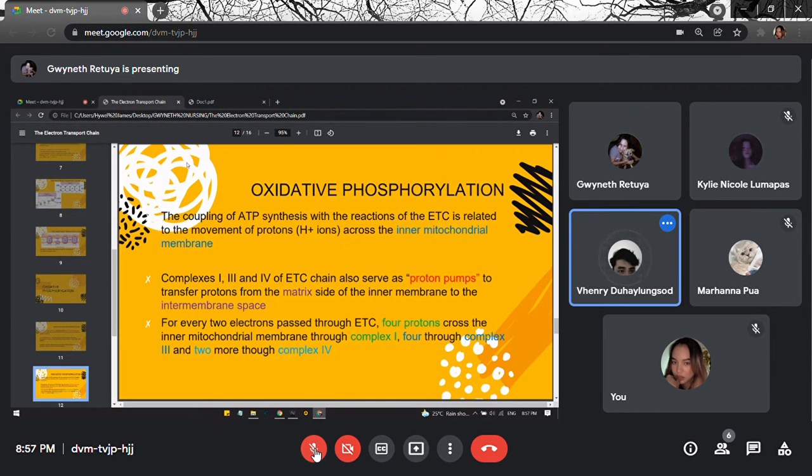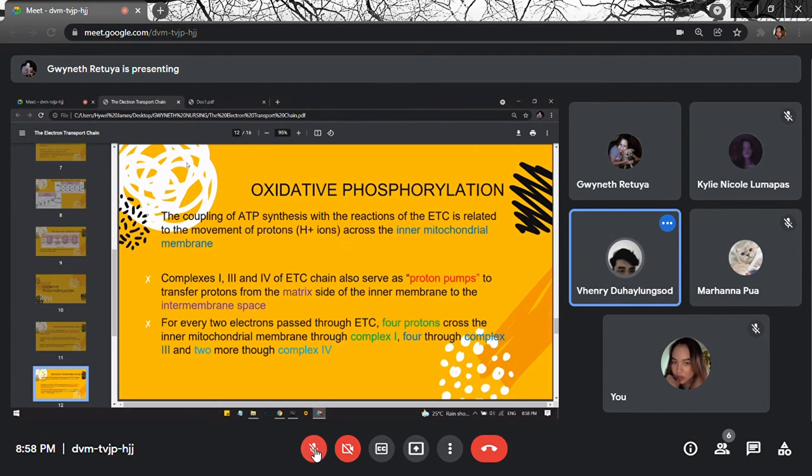As established before, oxidative phosphorylation and the electron transport chain are closely linked. This means that the complexes of the electron transport chain also play a huge role in the oxidative phosphorylation process. More specifically, complexes 1, 3, and 4 of the electron transport chain serve as proton pumps, transferring protons from the matrix side of the inner mitochondrial membrane to the intermembrane space.